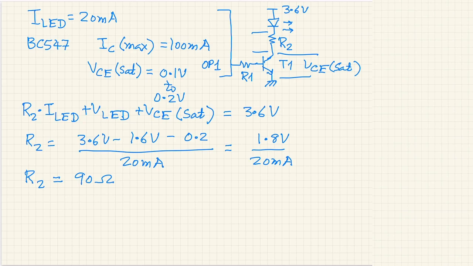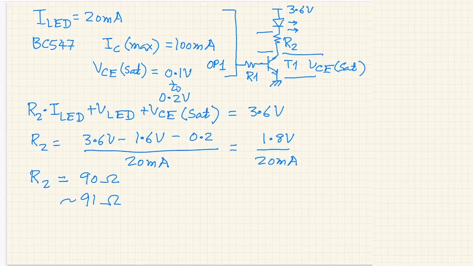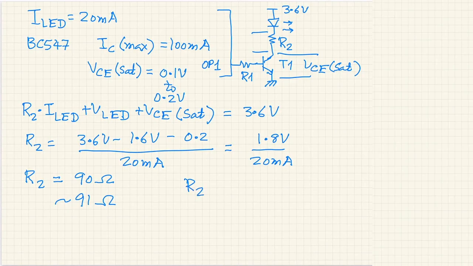Of course, 90 ohms may not be a standard resistor value, so you must choose the nearest resistor value to 90, and I can tell you that the nearest value is 91 ohms, which is very close to what we actually need. And so the value of resistor R2 turns out to be 91 ohms.